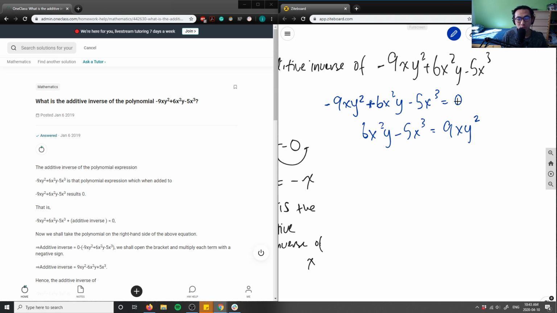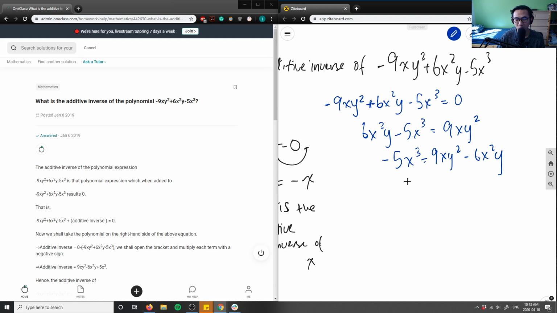Perfect. Next, going from left to right, again, 6x squared y. The opposite of addition is subtraction, so I would subtract both sides by 6x squared y. The left side here becomes simply negative 5x cubed. I would have 9xy squared minus 6x squared y. And then finally, I have negative 5x cubed here.